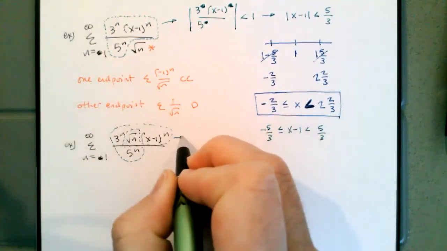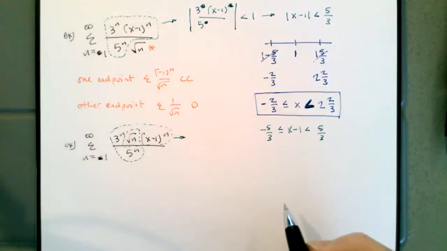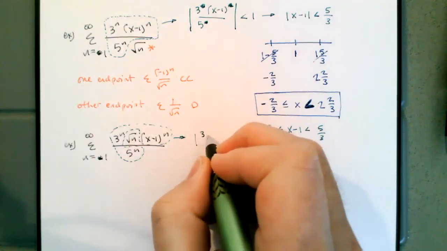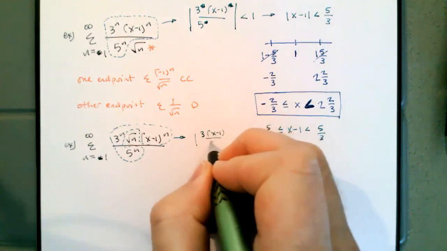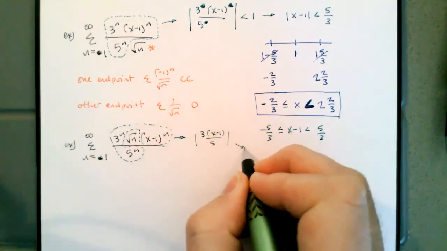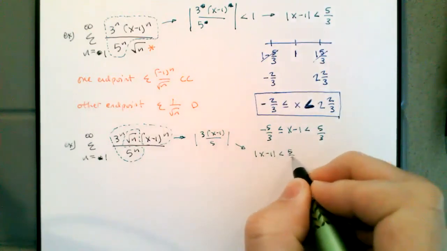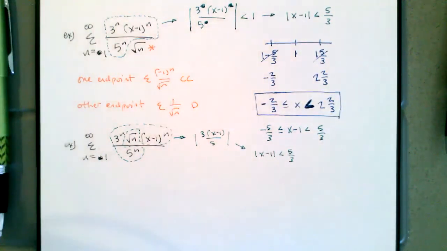The geometric factors still make us think 3 times x minus 1 over 5 is the common ratio, and that requires that the absolute value of x minus 1 be strictly less than 5/3. So we've got the big part of our interval of convergence.